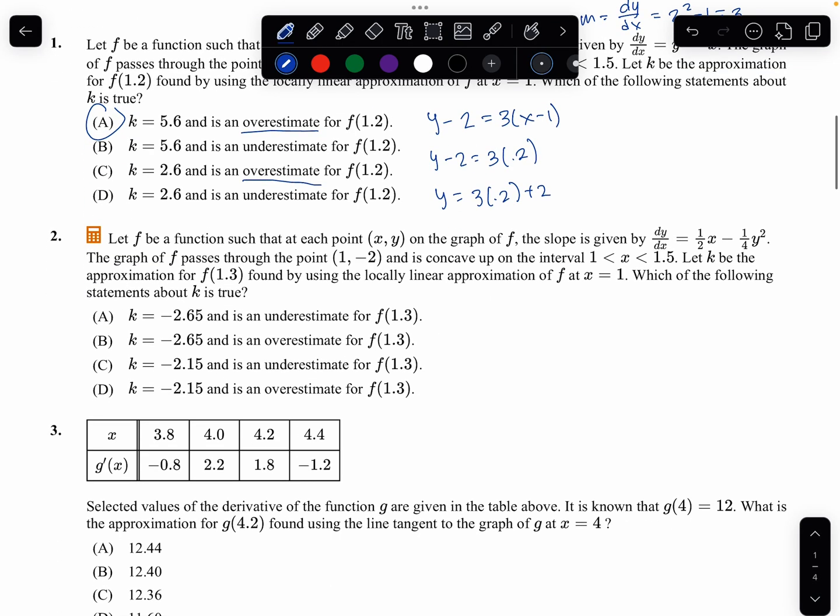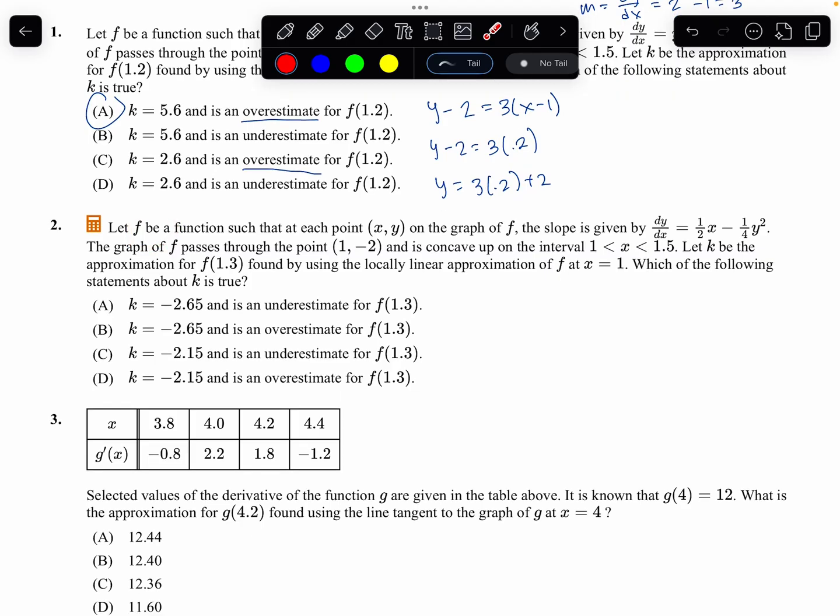Okay. Let f be a function. So same type of question, and we have a differential equation. We are going to plug in the point (1, 2) to get the slope. So m is going to be equal to 1/2 times 1 minus 1/4 times negative 2, and that's supposed to be squared.